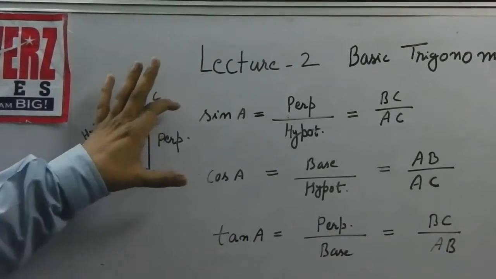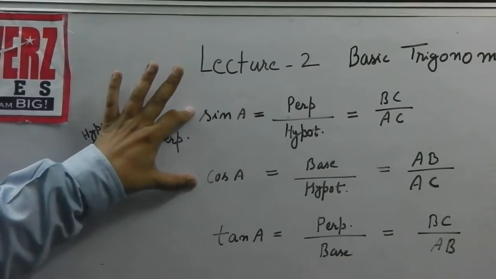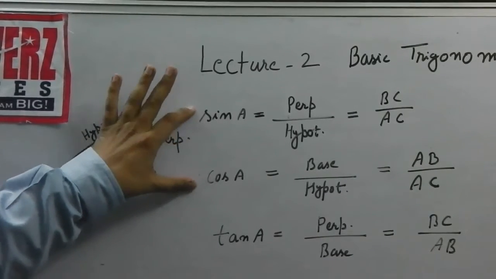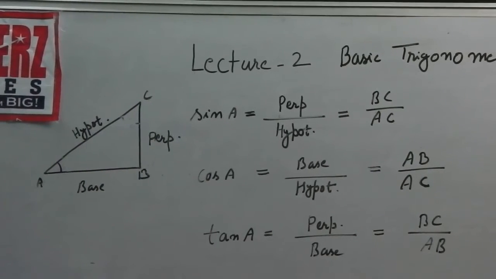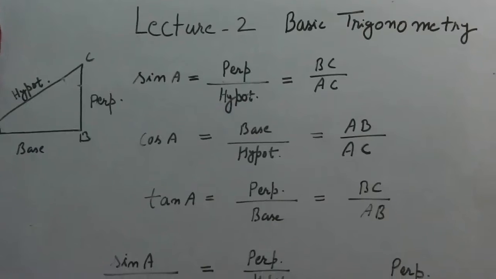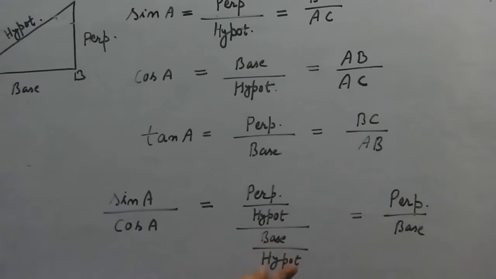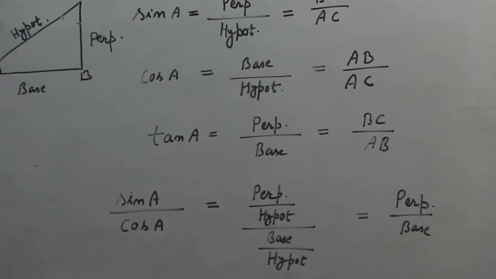Now from these two, that is sin A over cos A, what will happen if I divide sin A by cos A? It will look like this: perpendicular over hypotenuse divided by base over hypotenuse. Now what will happen?